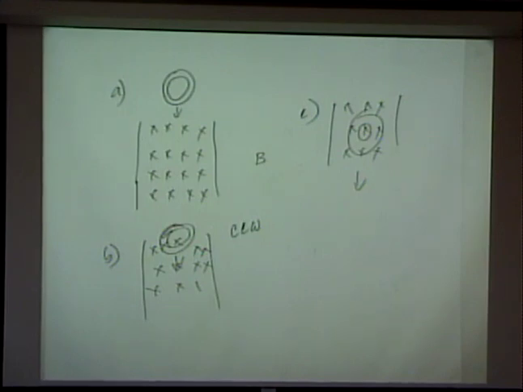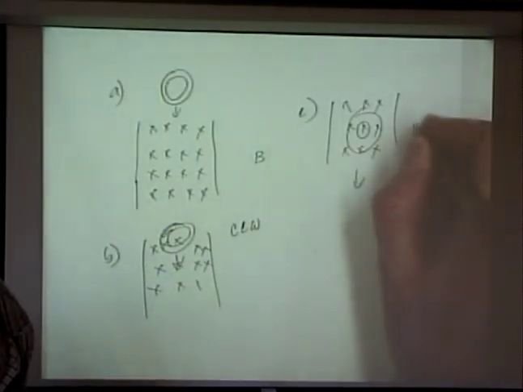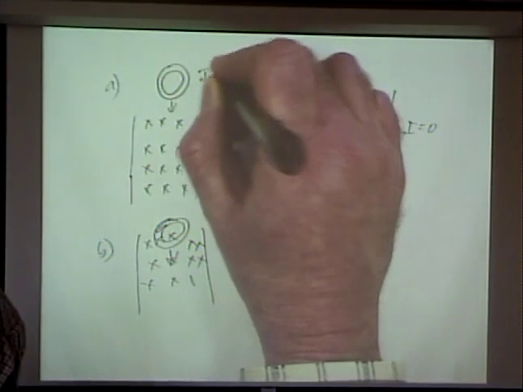Maria says no. Why does Maria say no? Why would she say no? There's no changing magnetic field. In other words, the flux isn't changing. My BA cosine theta is not changing. My magnetic flux is not changing. So therefore, I equals 0 on that one too.